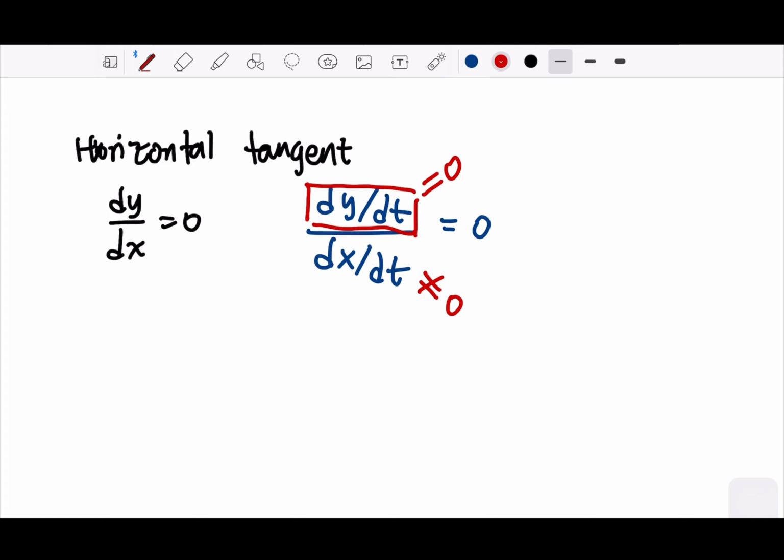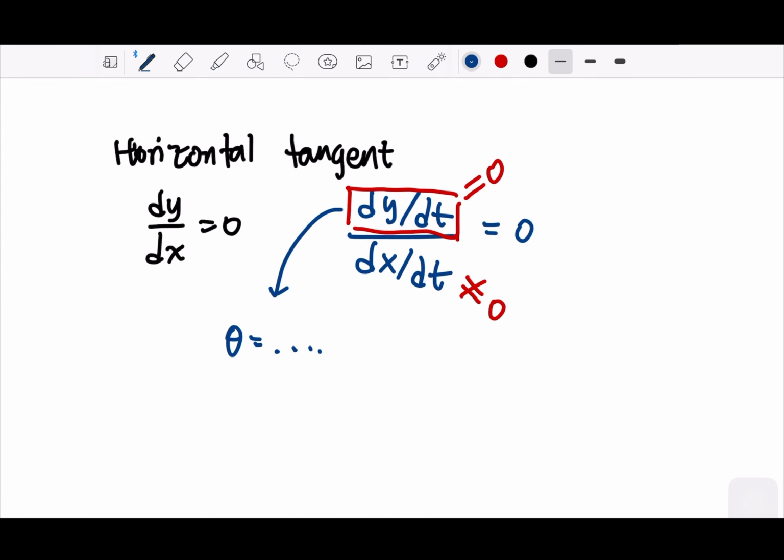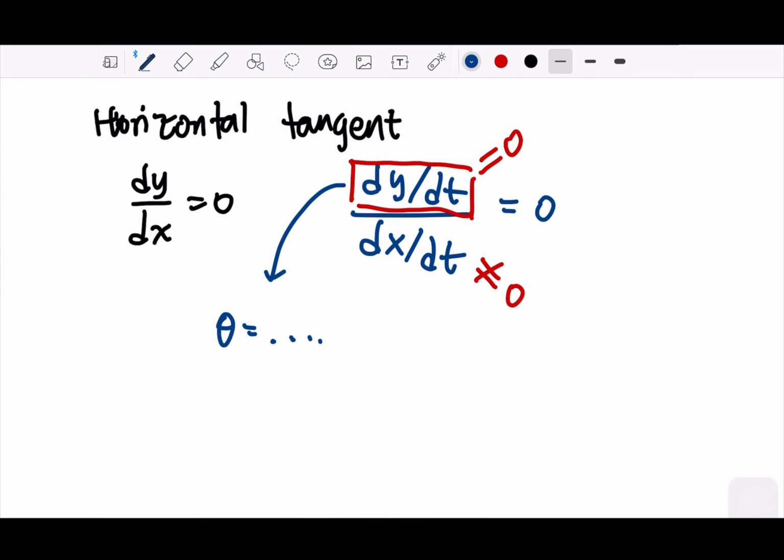And we will finally get theta after evaluating this, from dy over dt equals 0, and you will get the point on the cycloid.